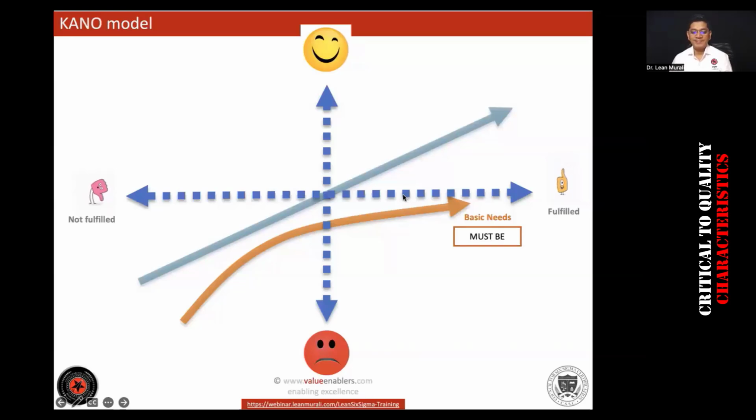What will happen? Angry, sad, my God, right? Unhappy. Okay. Now, this is called a value for money proposition. We call it a performance need.